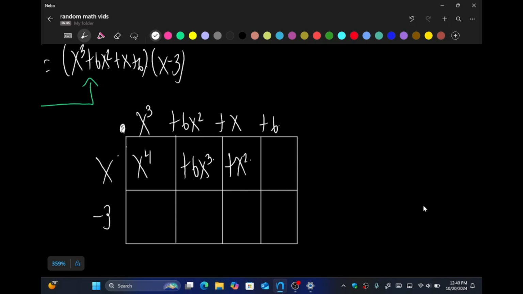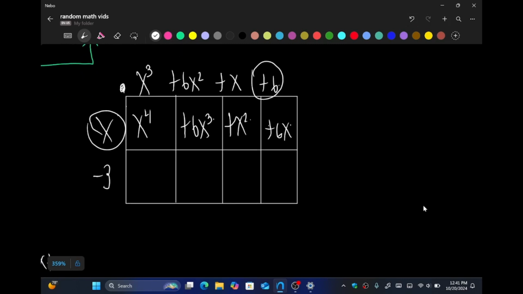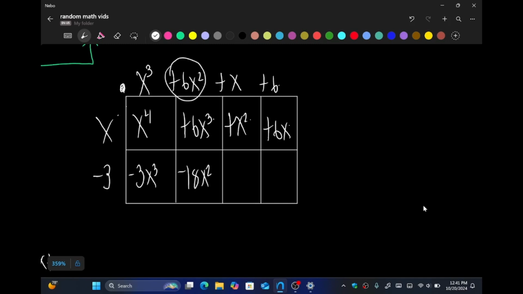And then plus 6 times x, so plus 6x. Okay. And then minus 3x cubed, right? And then minus 18x squared, right?